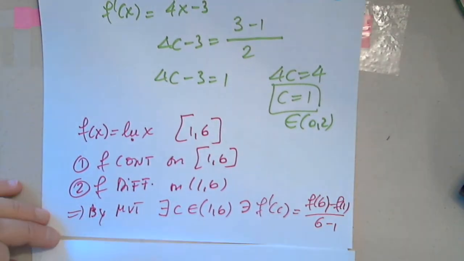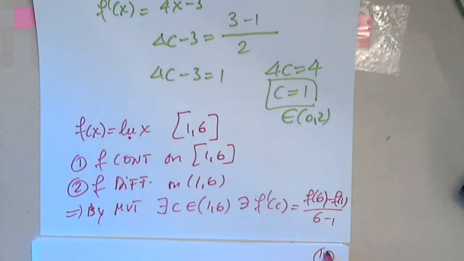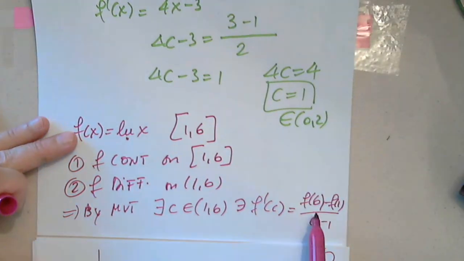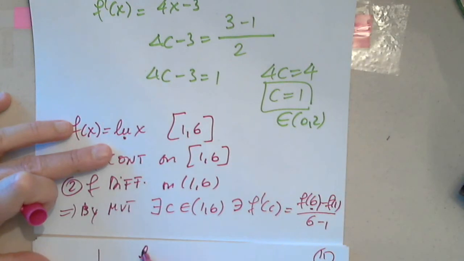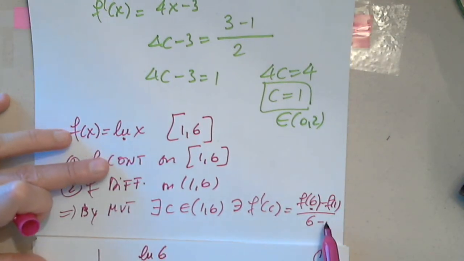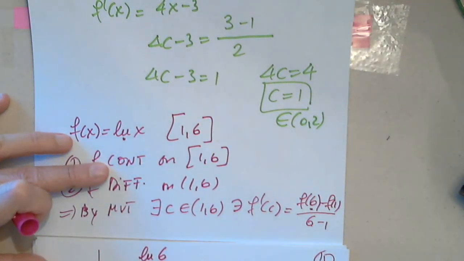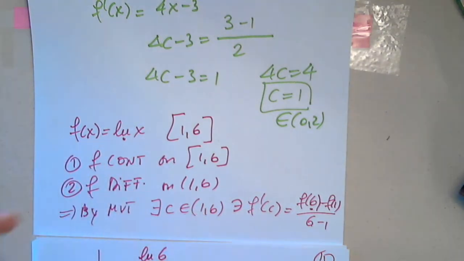And like before, I have to find first f prime of x, which is 1 over x. In this case it is 1 over c on the left-hand side. f of 6, I don't know, it's just natural log 6. f of 1 is 0, and 6 minus 1 is 5. I flip both, so c equals 5 over natural log 6.